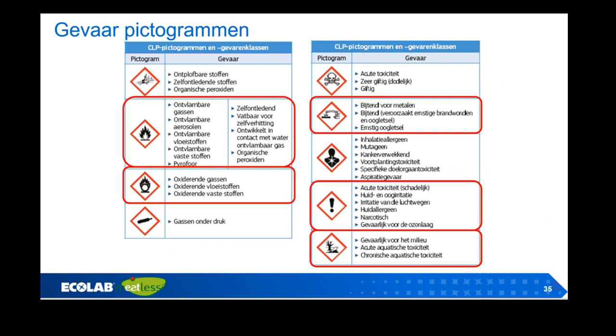So it's not toxic, but it's irritating. So you can be careful. And then you have the symbol with the dead fish, and that tells something about the impact on the environment.